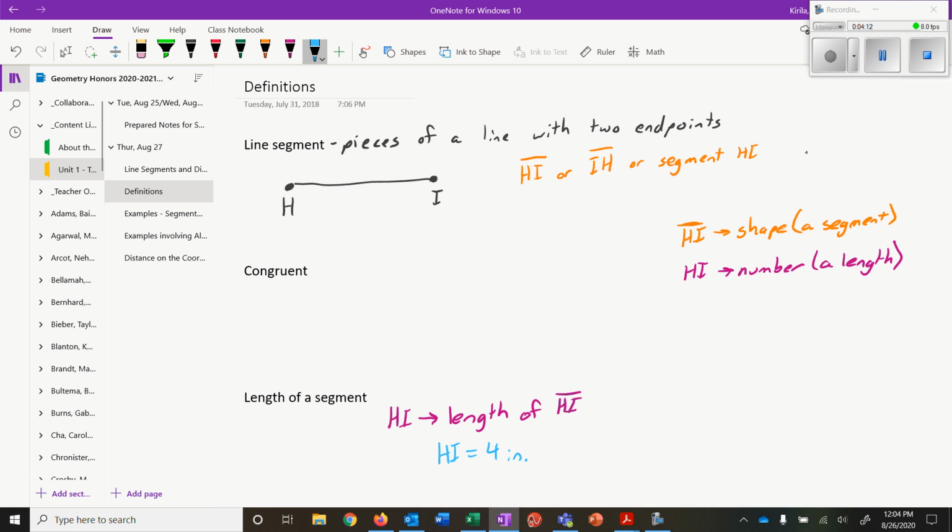So because of that, we have an idea called congruent. Congruent means two shapes are exactly the same. So I could have two segments.